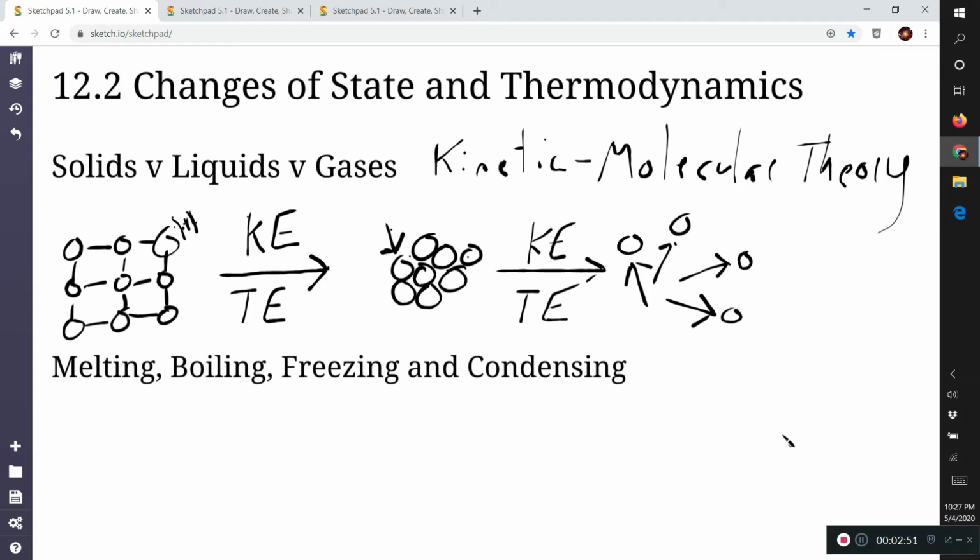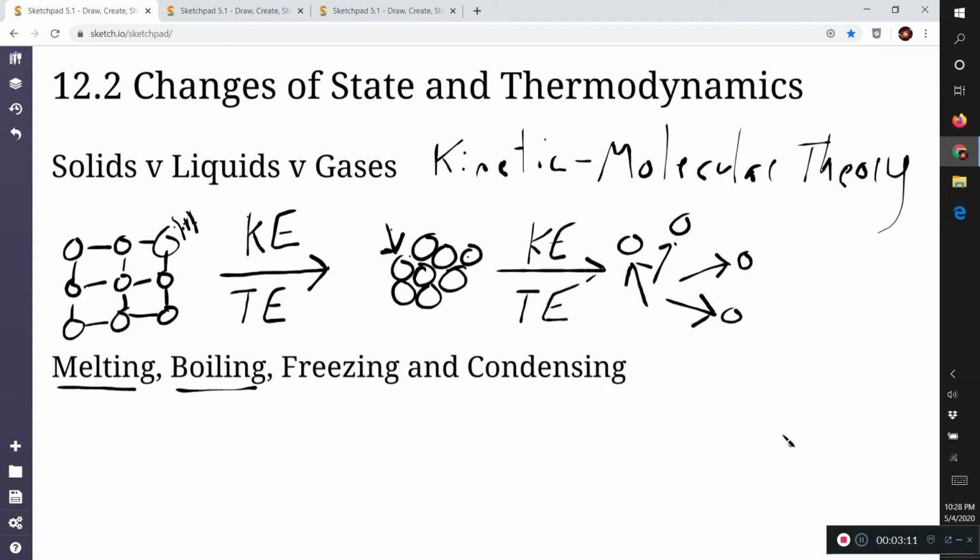And we're going to talk about a couple major things. We're going to talk about melting and boiling. Boiling is a specific term of vaporizing. So we're also going to briefly discuss freezing and condensing because those do happen, but primarily in this chapter we're going to be talking about melting and boiling.